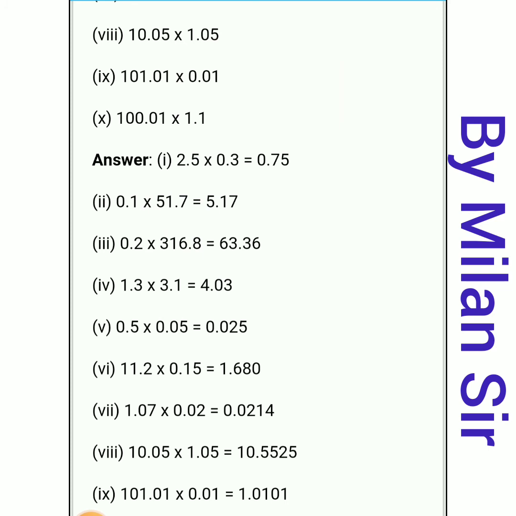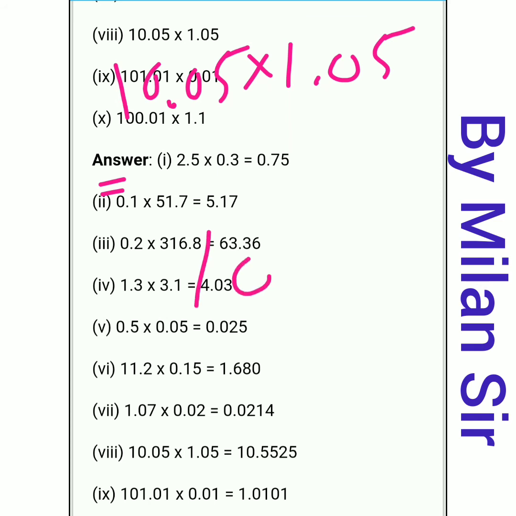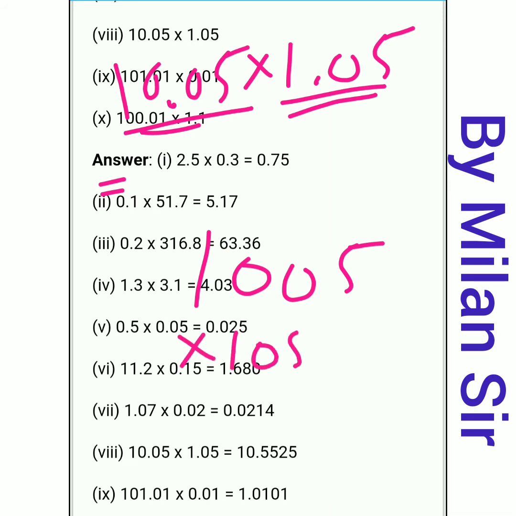Then question number 8. 10.05 multiply 1.05. Now here if we ignore the decimal point, then our first number is 1005, right? And here if we ignore the decimal point, then it becomes 105.